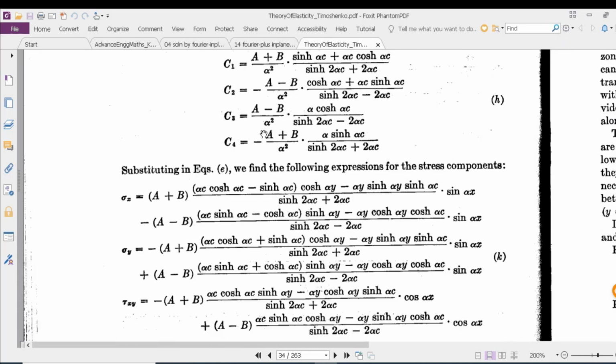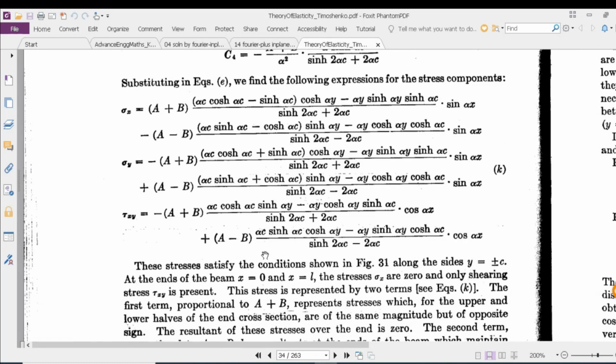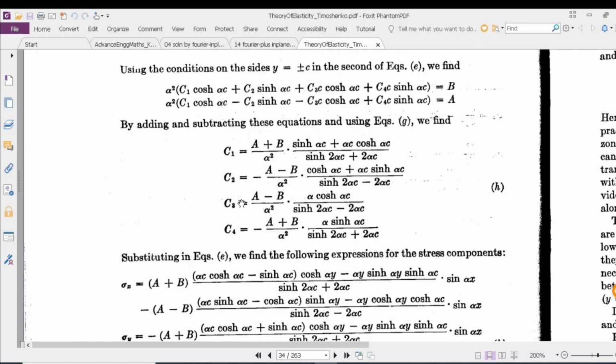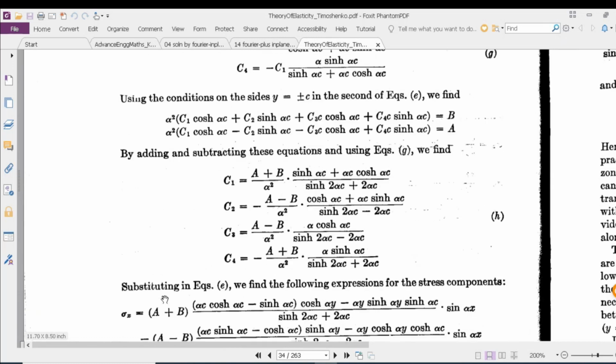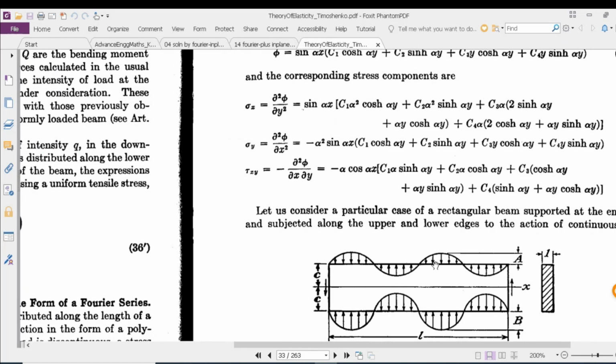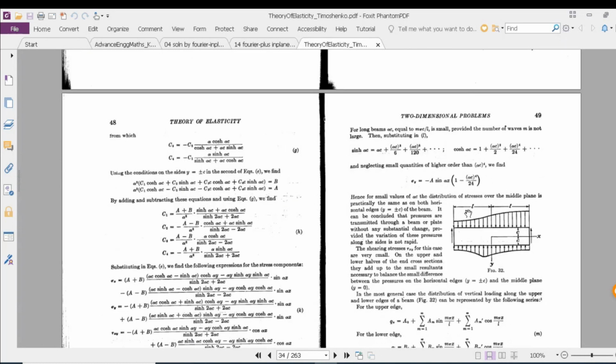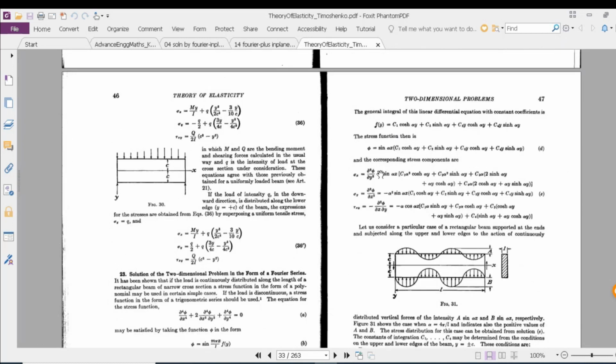These can be substituted into our sigma x, sigma y, and tau xy, and we get the final form of the three equations. Now we have worked out all the constants, and all the stresses can easily be worked out by plugging the constants in our stress equations. So instead of this type of function, we can have any other type of function which can easily be accommodated by our stress function.